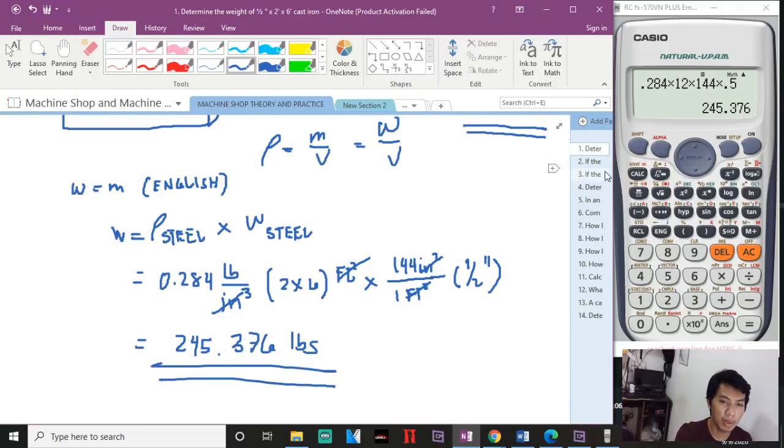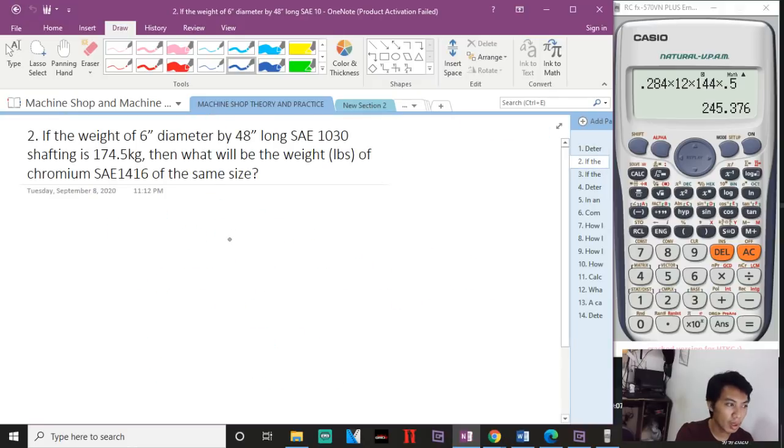Okay, problem number 2. If the weight of 6 inch diameter by 48 inch long SAE 1030 shafting is... Tignan nyo nga. Ano ba ang weight ni SAE shafting?